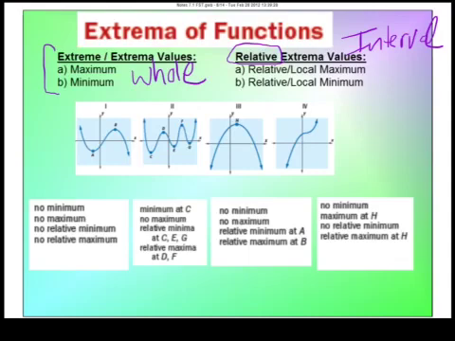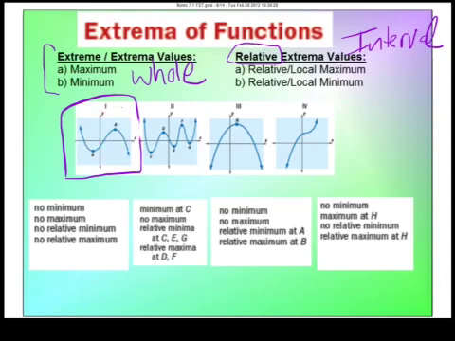For example, this graph on the left, that particular portion I circled is a local maximum of the function. Whereas this graph right here, the entire function does not have a maximum. There's not one ultimate high point of this particular graph.